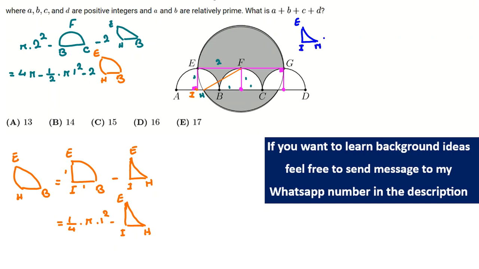EIH, we can say it is equal to the area of EFHI, like this, EF, this trapezoid HI, minus what to calculate this area? Minus the area of EFH, okay, this segment of circle, EHF.